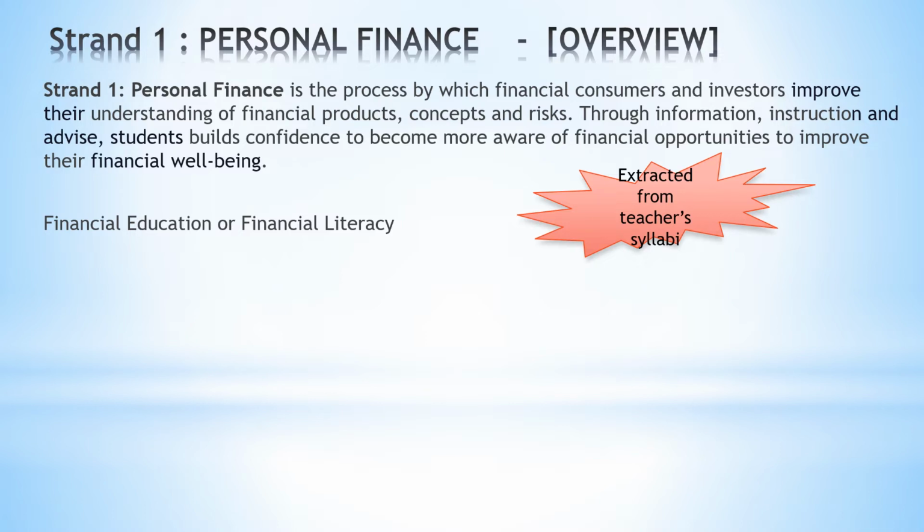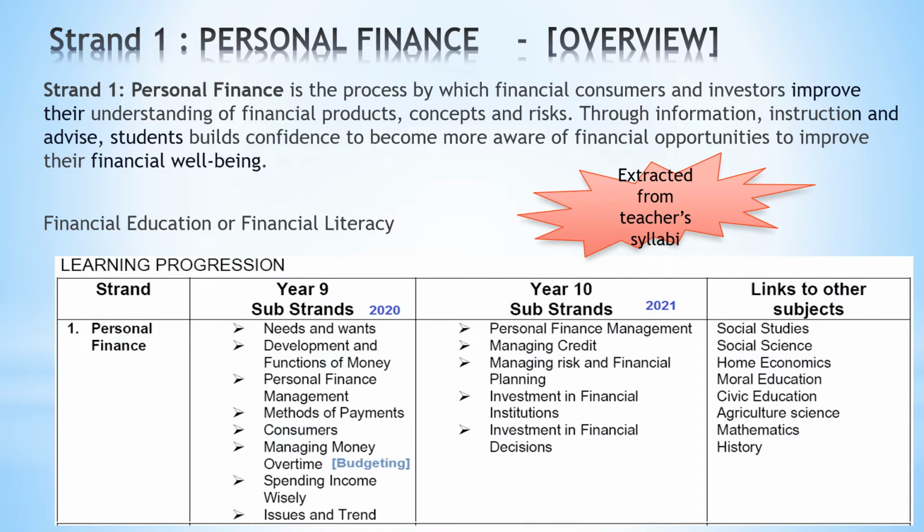This meaning falls in line with what we have been covering from last year, commercial studies. Year 9 coverage deals with us as being a consumer, with topics such as personal budgeting and spending income wisely, or being a wise consumer.